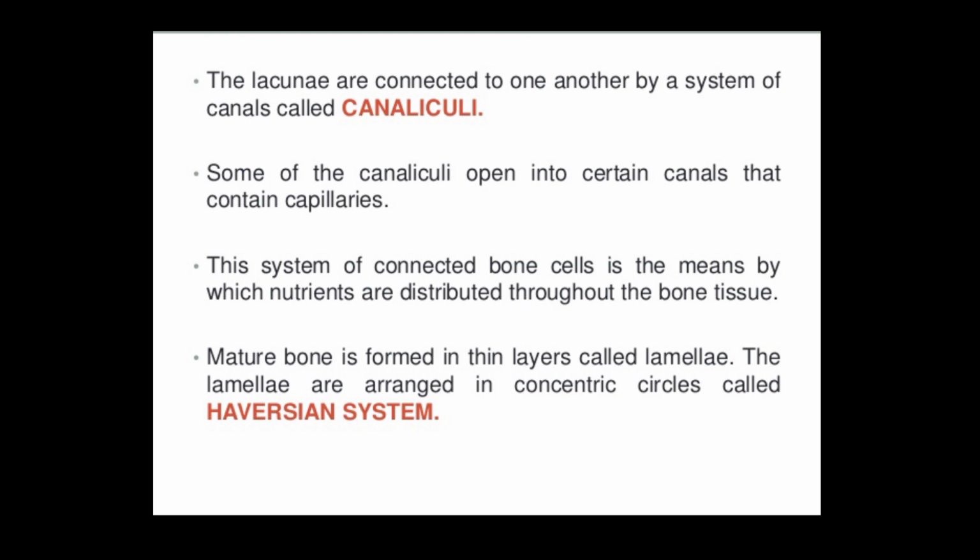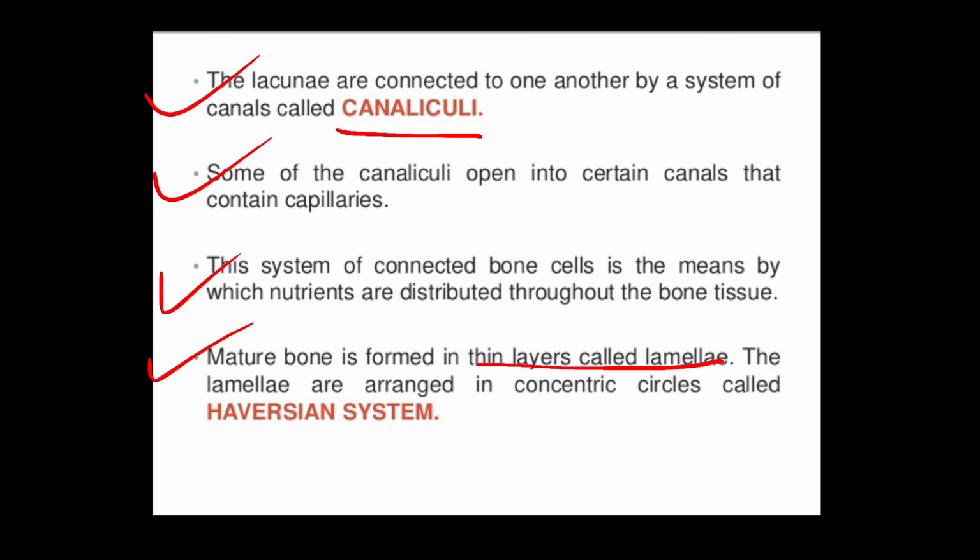The lacunae are connected to one another by a system of canals called canaliculi, and some of the canaliculi open into certain canals that contain capillaries. This system of connected bone cells is the means by which nutrients are distributed throughout the bone tissue.